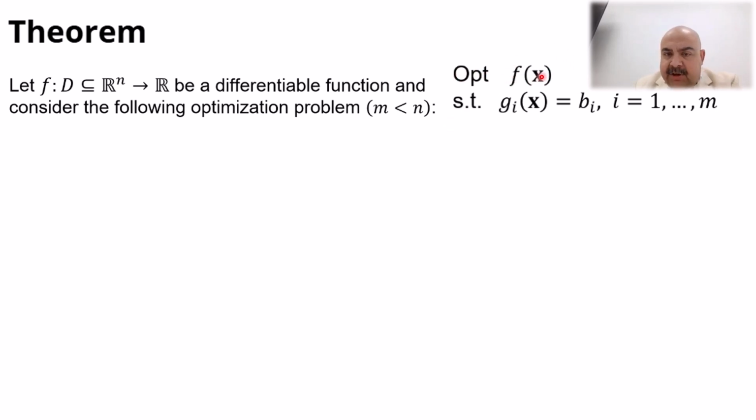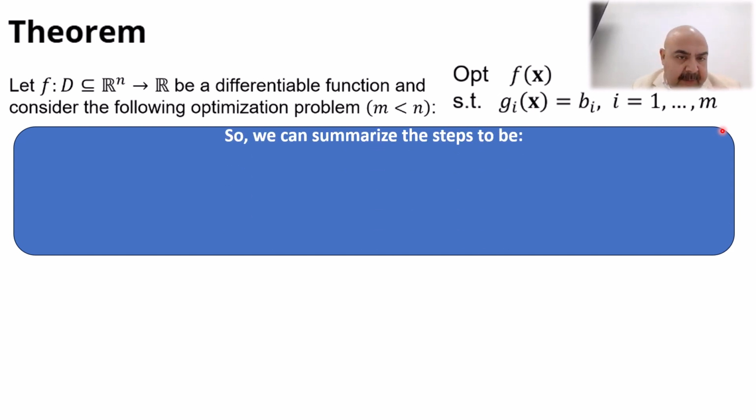That's the optimization function, f of x, and these are the bunch of equality constraints that we will be subject to. I want you to remember that m is the number of equality constraints that we need to satisfy. So we can summarize the steps to be: first, form the Lagrangian function. That's step number 1.